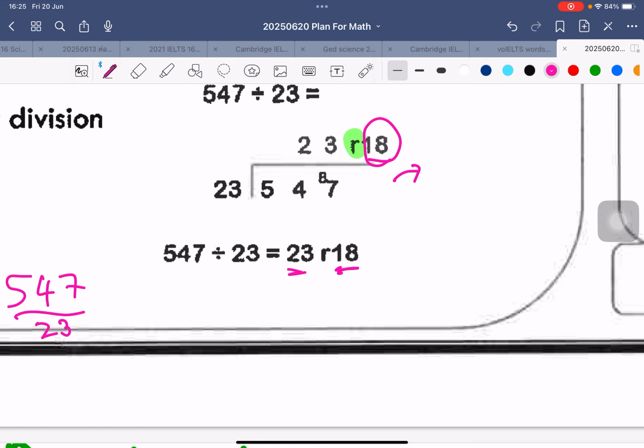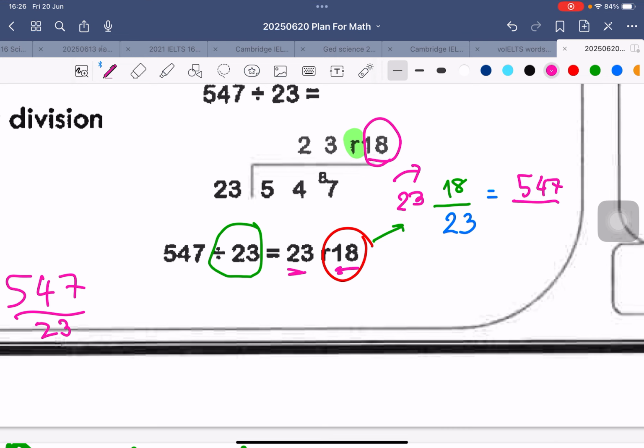What we have to write down is 23, and the remainder here should be 18 over 23. That should be equal to 547 over 23. How do we do that?